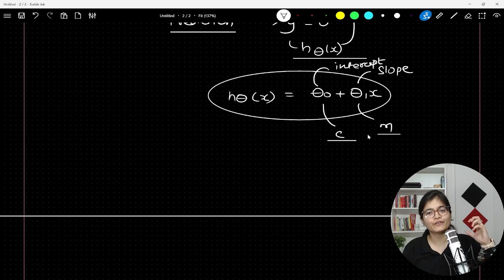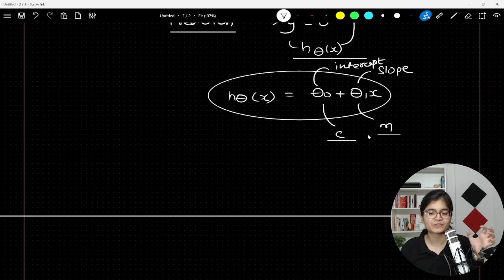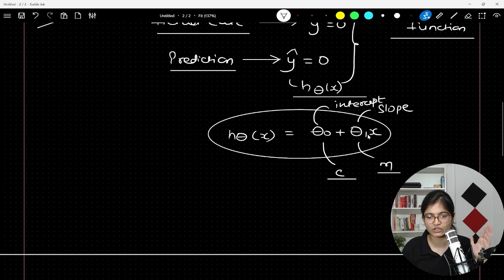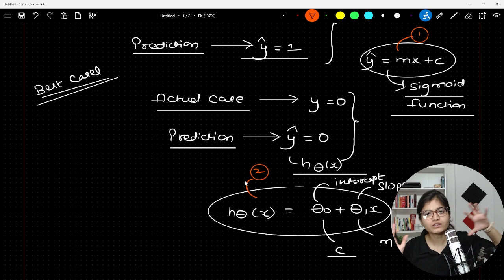Equations are the same, the way to represent them is different. In a few scenarios, with some standard websites, they write this kind of equation with theta 0 and theta 1. I might also use it in my courses sometimes, but don't get confused, okay? These two equations, equation number 1 and equation number 2, are both the same and signify a similar sense.